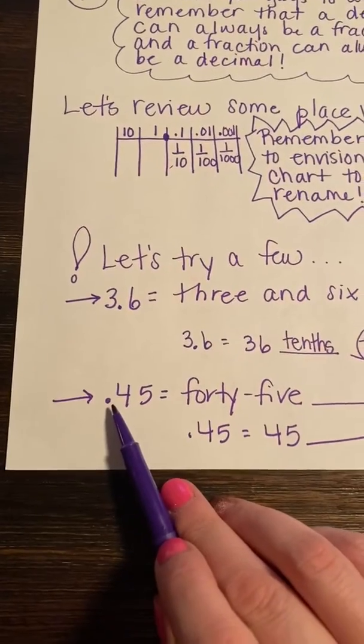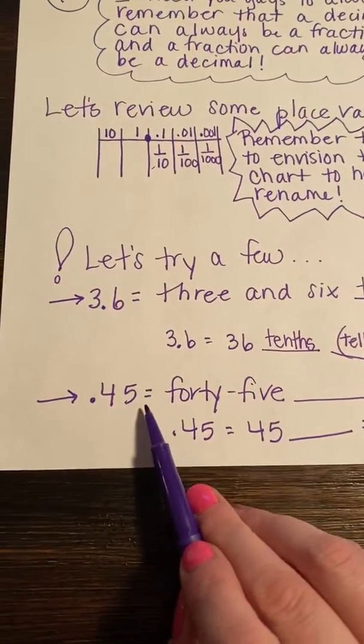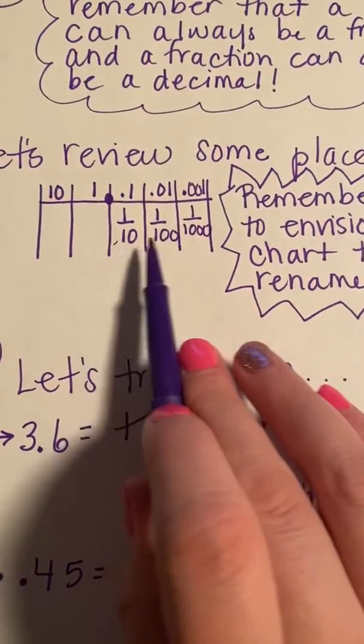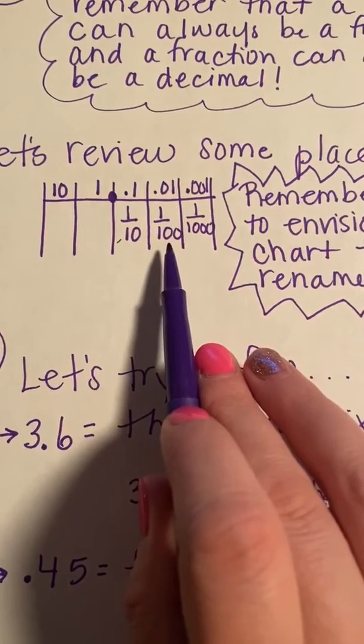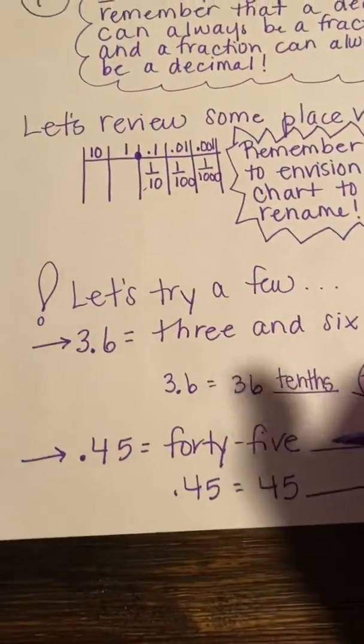This would not be 0.45. This would be 45 hundredths. 2 digits after the decimal. So if I look at my place value chart, 2 digits after the decimal, the 5 would be right there. So I would say hundredths. So this would be 45 hundredths.